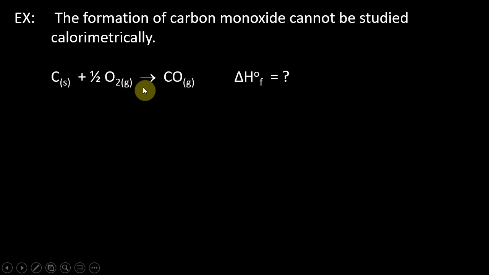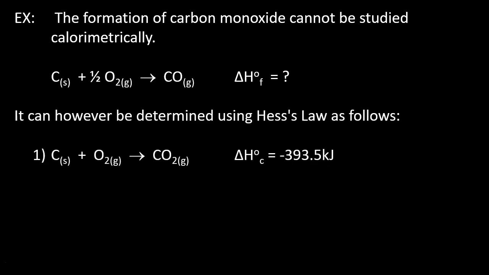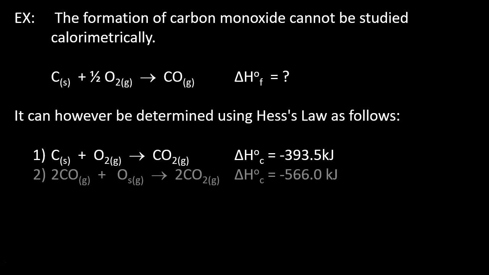So the heat of formation of carbon monoxide, that's what we're looking for. Let's use instead the combustion reactions for carbon monoxide and carbon dioxide. So first of all, for carbon dioxide, we know the heat of combustion is negative 393 kilojoules per mole.